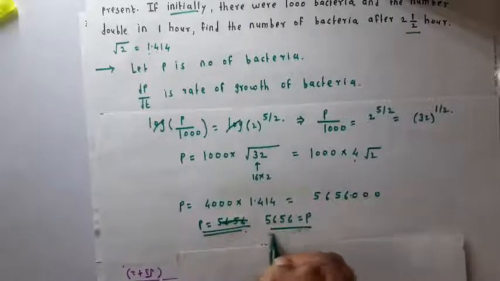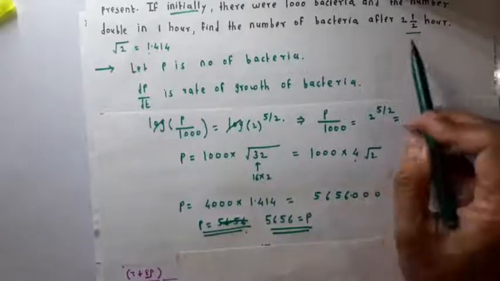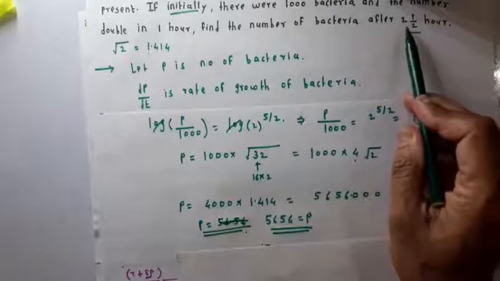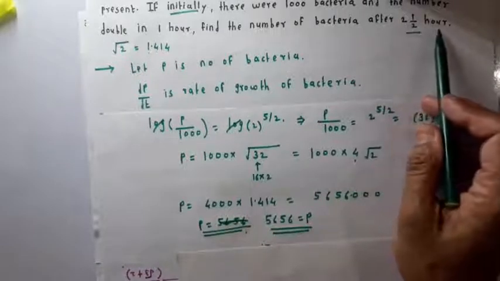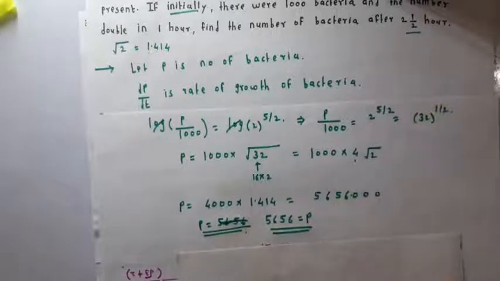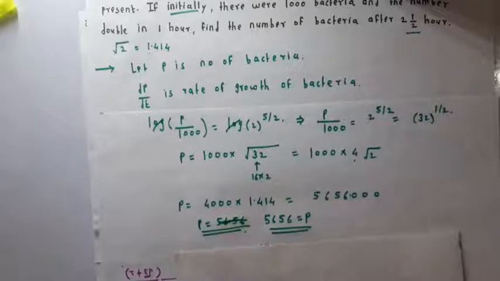The population after 2.5 hours, that is 5 by 2 hours, will be 5656. Okay, this is the answer. In this way you have to solve the problem.